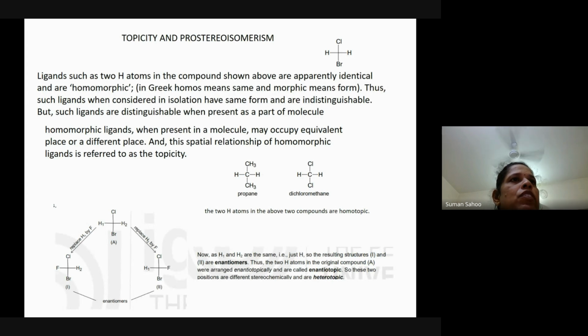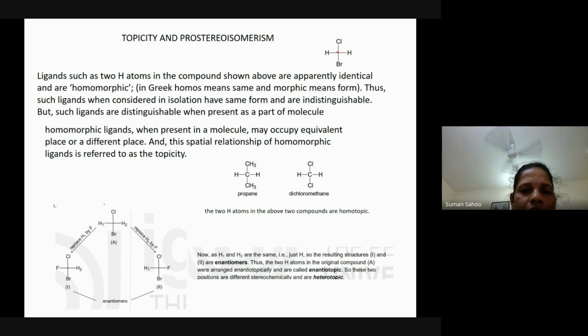Suppose you have two hydrogens on this carbon. Now if you just see, these are only hydrogens, so they will seem identical, but when they become part of a molecule, they may or may not be distinguishable.